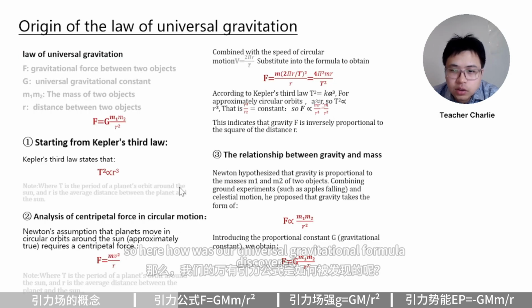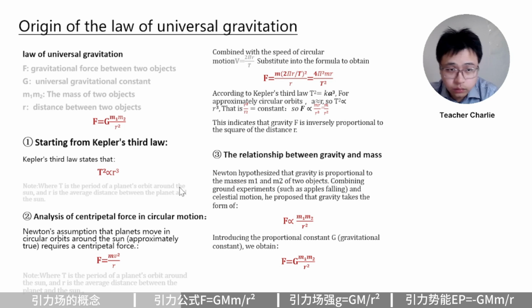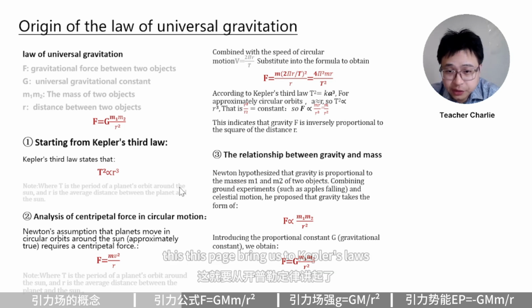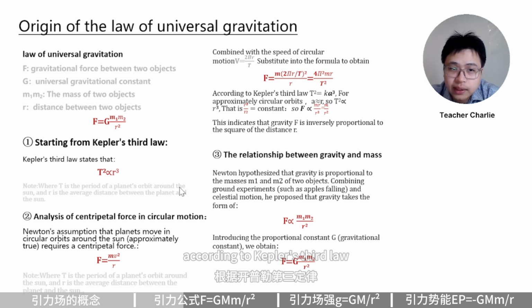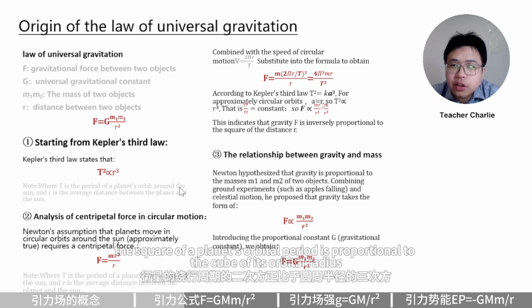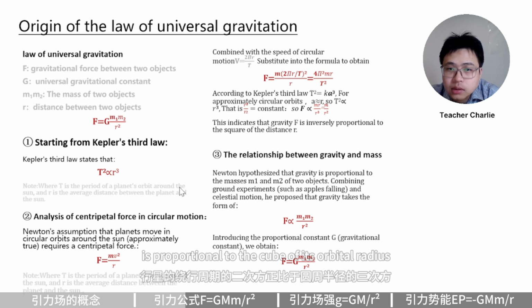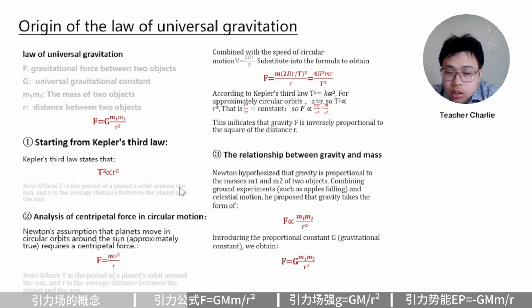Okay, so how was our universal gravitational formula discovered? This page brings us to Kepler's laws. According to Kepler's third law, the square of a planet's orbital period is proportional to the cube of its orbital radius.